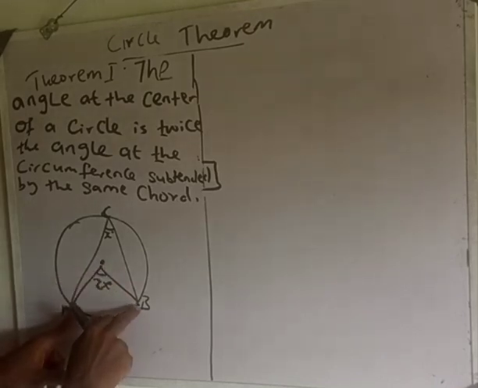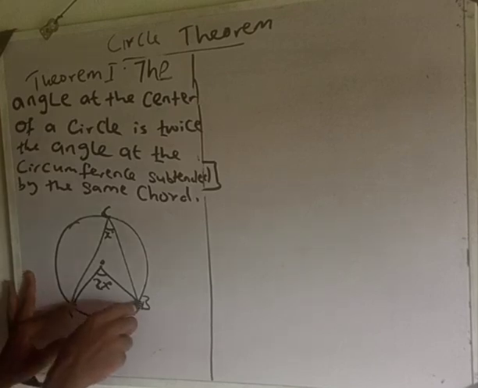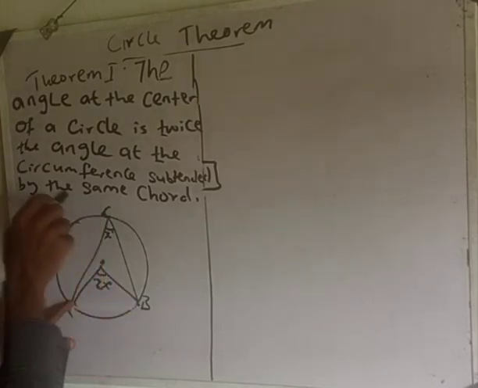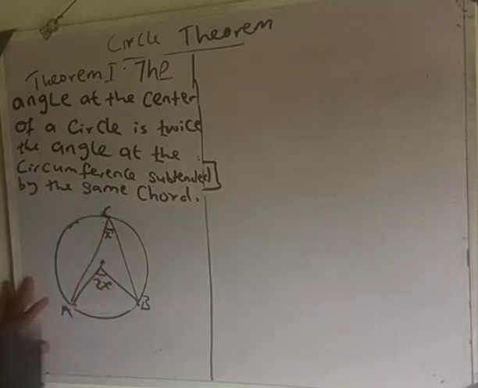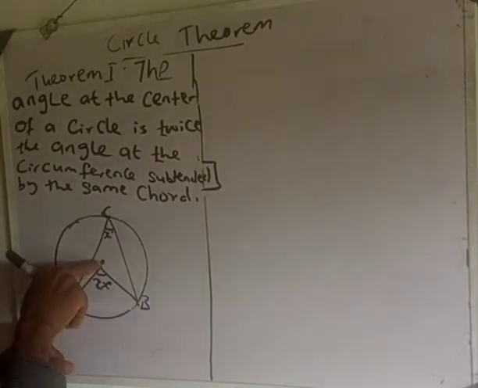Let's say this chord AB, this is the same point. If you go to the circumference, there's an angle it subtends at the circumference, and that same 2 points subtend an angle at the center.